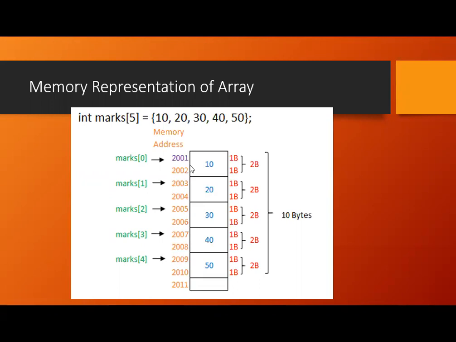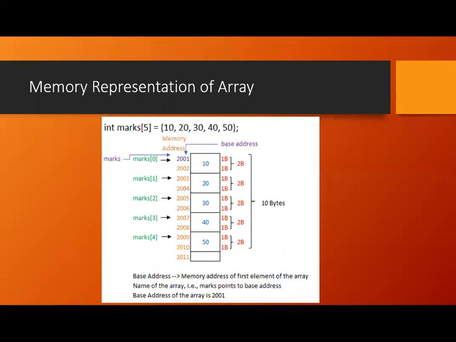Then the first memory address of the array, that is 2001, is a type of address called the base address. It is called the base address. Okay, let's see in this diagram. Now, the name of the array is marks.